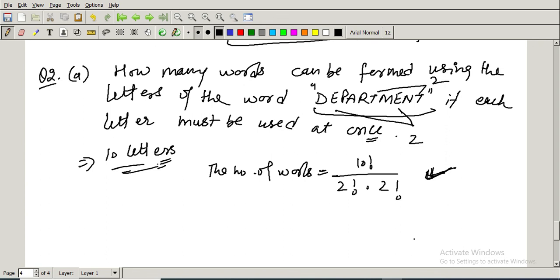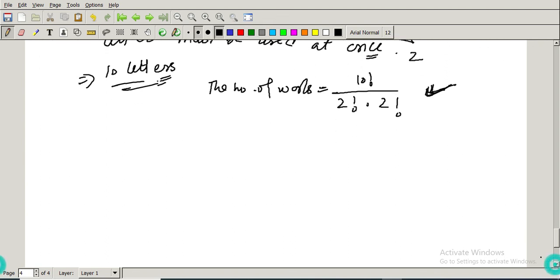Now we have some other questions. Question number 2 says P implies Q and not P or Q, and prove that they are equivalent to each other. So this is very easy.